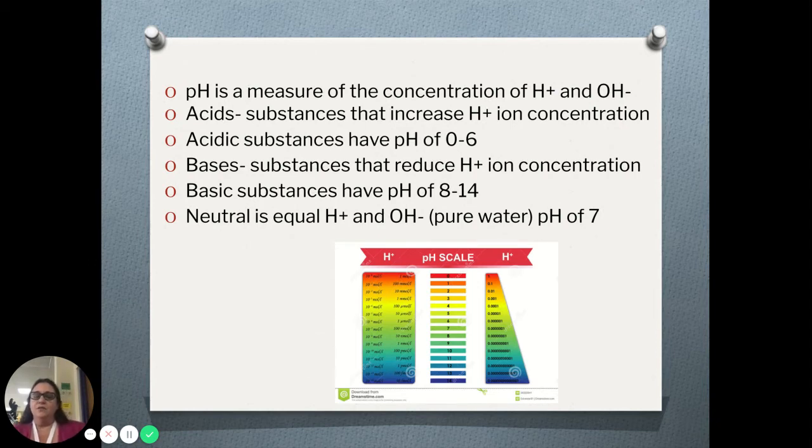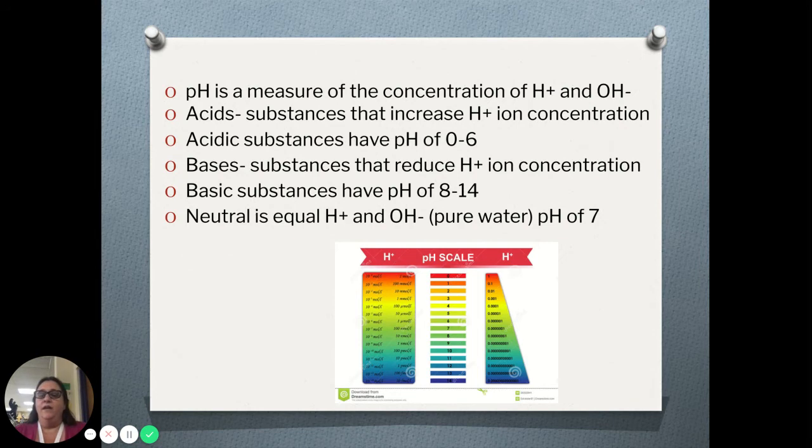Now, bases are substances with a pH between 8 and 14. When you put them in a solution, they're going to grab those H pluses out of the solution, and so they're going to reduce the H plus concentration. By doing that, they're really good at taking those out, and that brings the pH up.